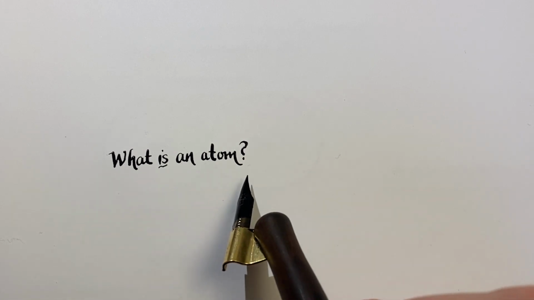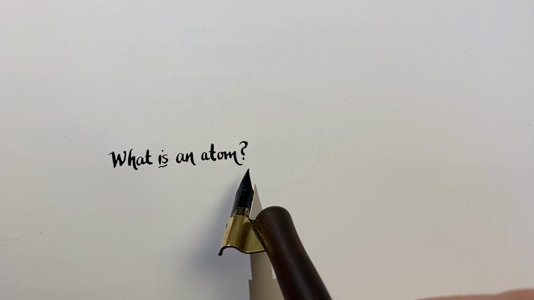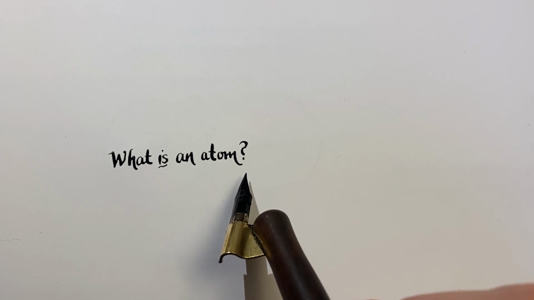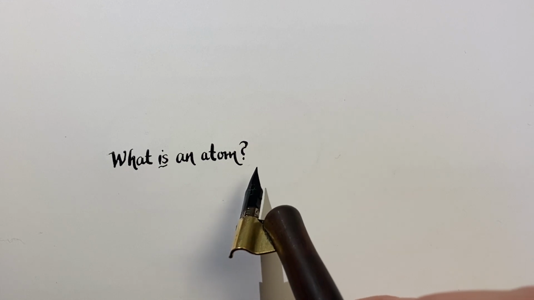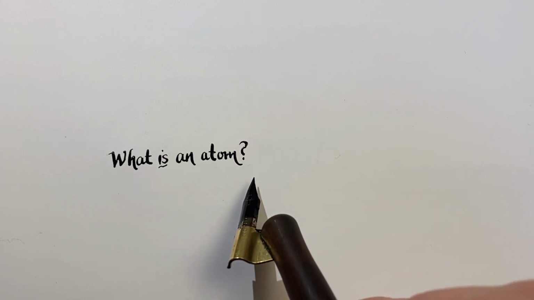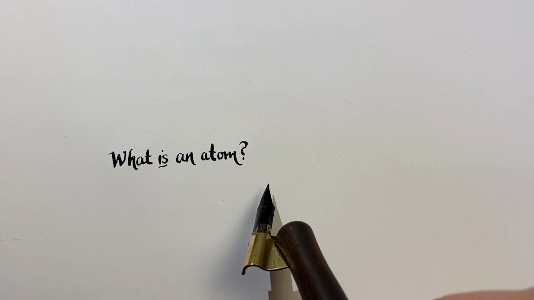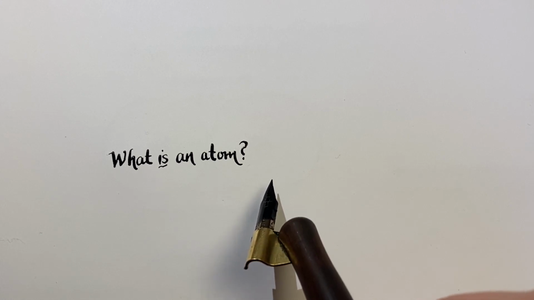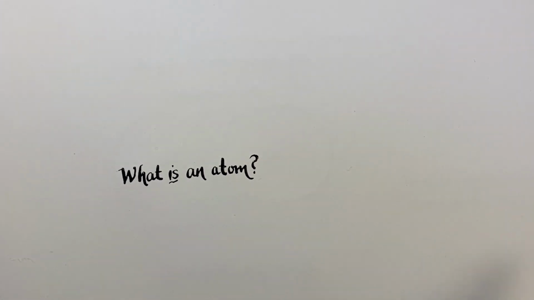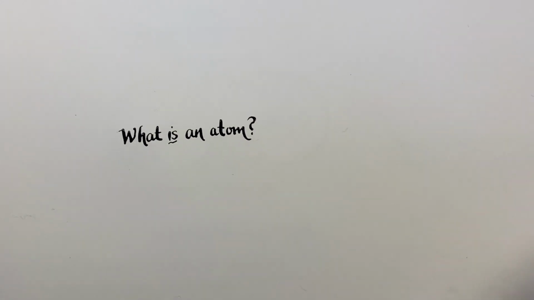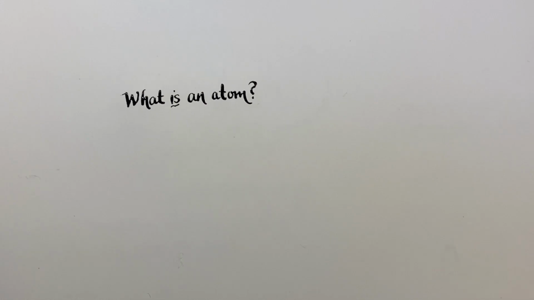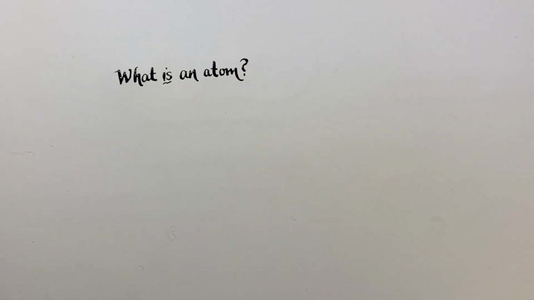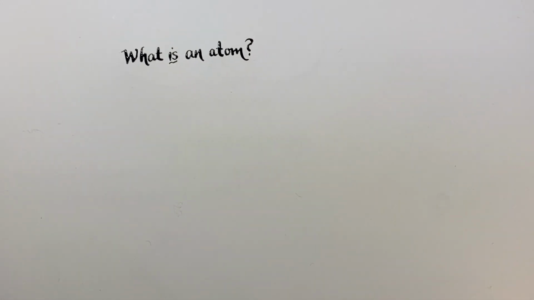It is important to reflect on what is an atom, and then how do atoms come together to make everything around us, everything in our universe. So we're going to be talking about all the parts of an atom. That's really the basics of chemistry.